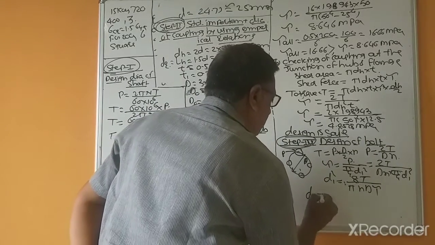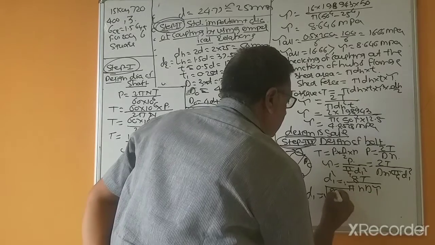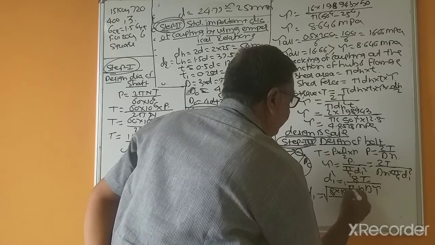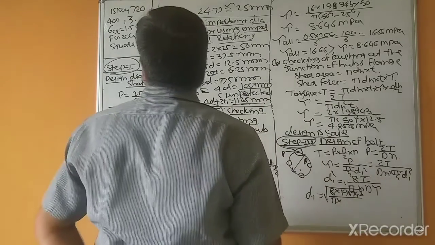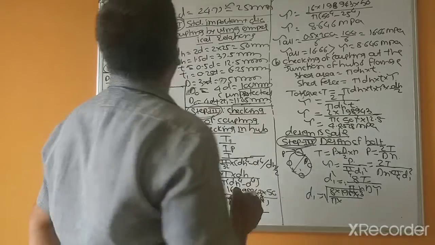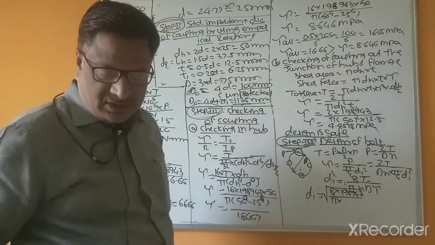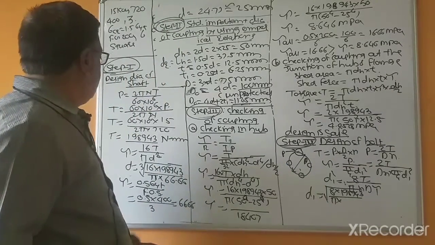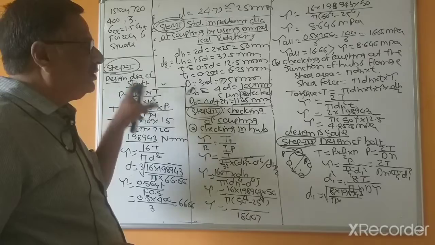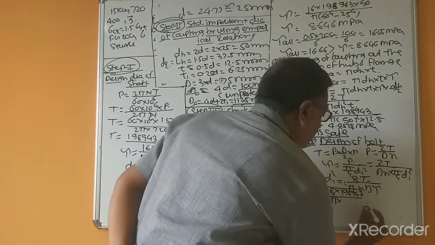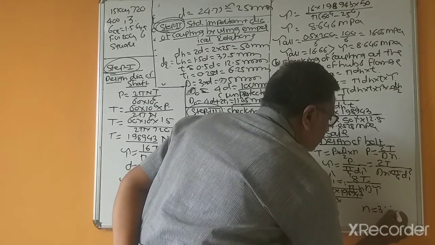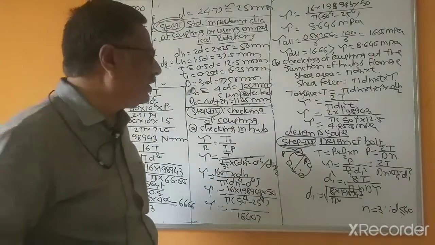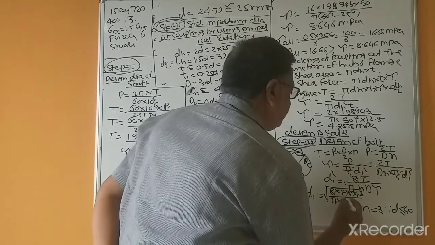Or d1 equal to under root 8 into torque 198,943 divided by pi, number of bolts. The number of bolts is not mentioned in the problem, because here the diameter is less than 40. So n equal to 3, since the diameter is less than 40. So directly I am taking n equal to 3.